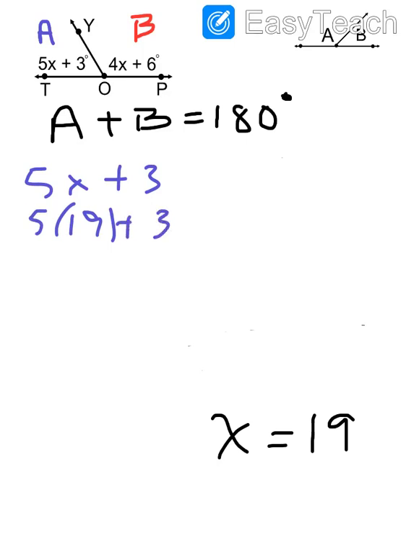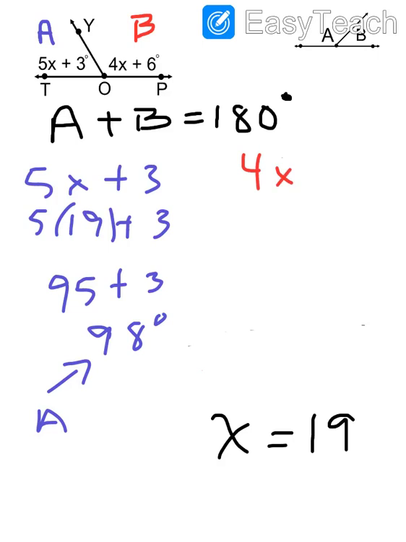Okay, so 5 times 19, that's 5, carry my 4, 95, plus 3 is 98. So this is angle A, and it's 98 degrees. Now we're going to work with the other one, which is 4x plus 6.